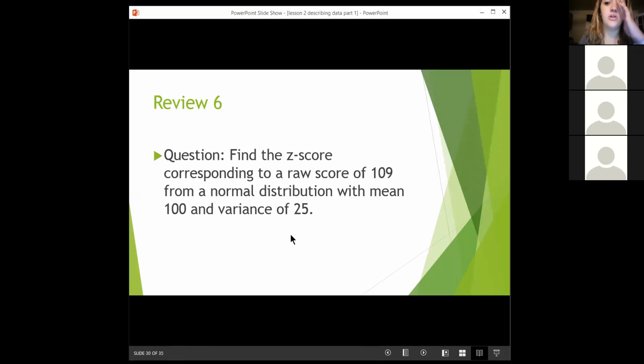Okay, find the z-score corresponding to a raw score of 109 from a normal distribution with a mean of 100 and a variance of 25.